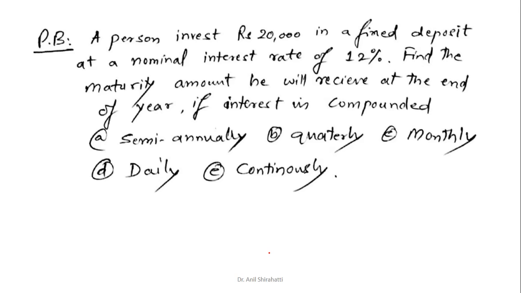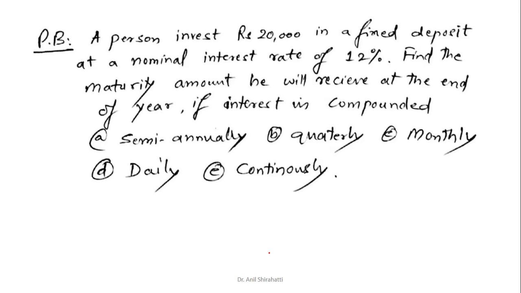Now all of you can give a try yourself using the formula I taught you, and solve this problem. A person invests rupees 20,000 in a fixed deposit at a nominal interest rate of 12%. Find the maturity amount he will receive at the end of the year if the interest is compounded semi-annually, quarterly, monthly, daily, and continuously.